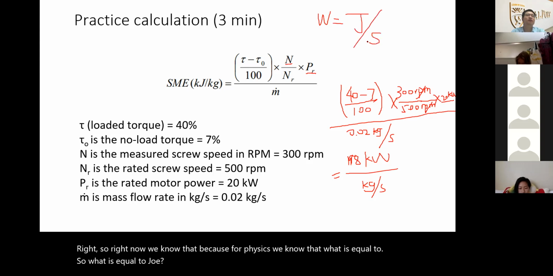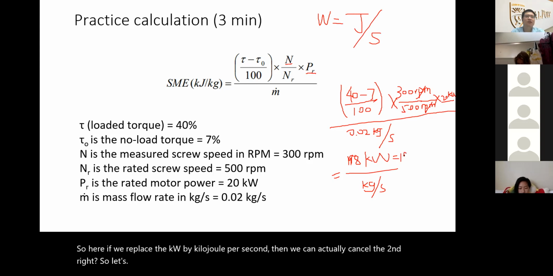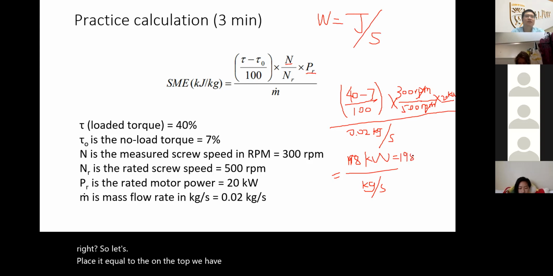So if we replace kilowatt with kilojoule per second, then we can cancel the seconds. So on the top we have 198 kilojoule per second.